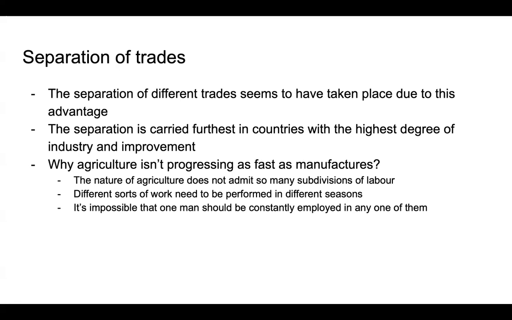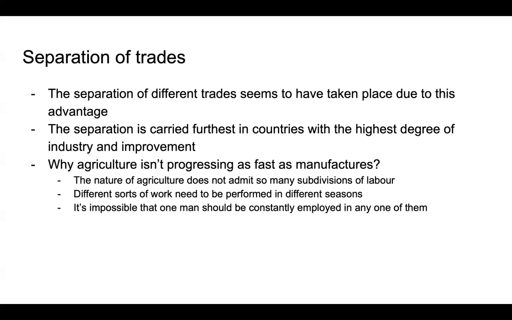And he kind of explained why agriculture isn't progressing as fast as manufacturers. One reason being that the nature of agriculture does not admit so many subdivisions of labor, at least not in his time, right? Because different sorts of work need to be performed in different seasons, right? In one season, you are the plower of the land and the sower of the seeds. And then in another season, you are the harvester, right?